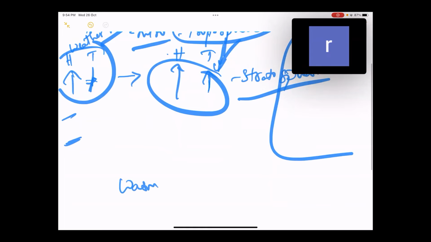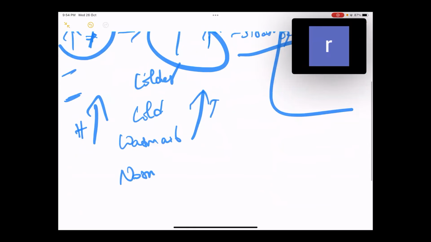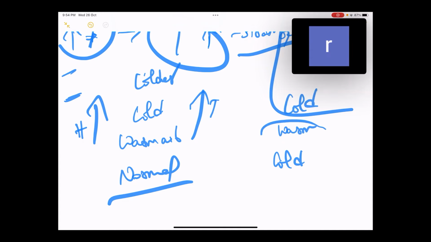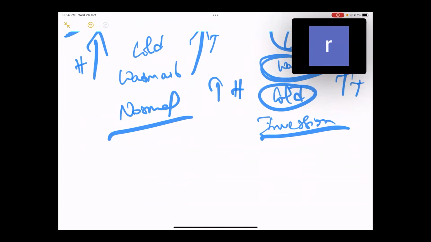Warm air, cold, colder. This is height, this is temperature. This is normal times. With temperature inversion, it will be cold, warm, cold. So this is the inversion we are talking about. So this is called temperature inversion. That will be your introduction.